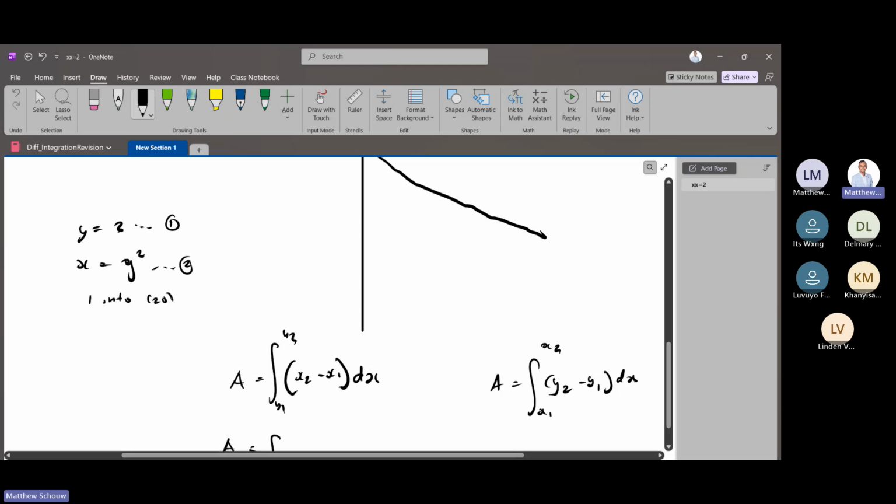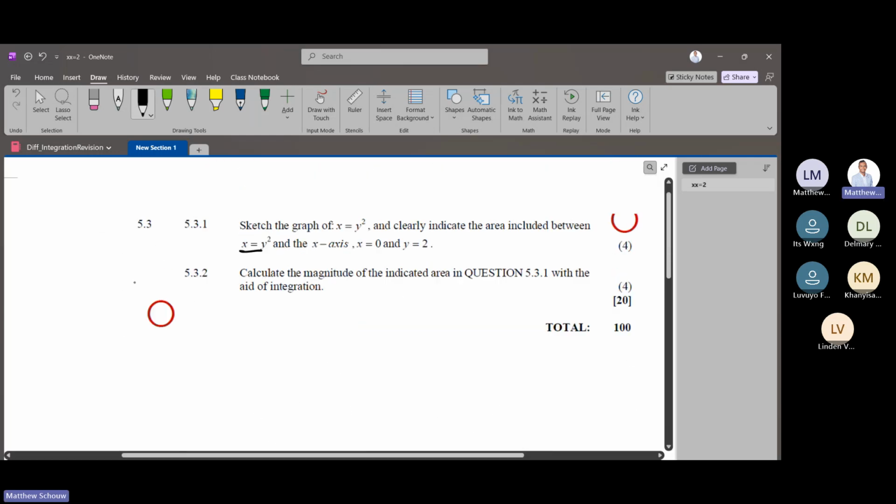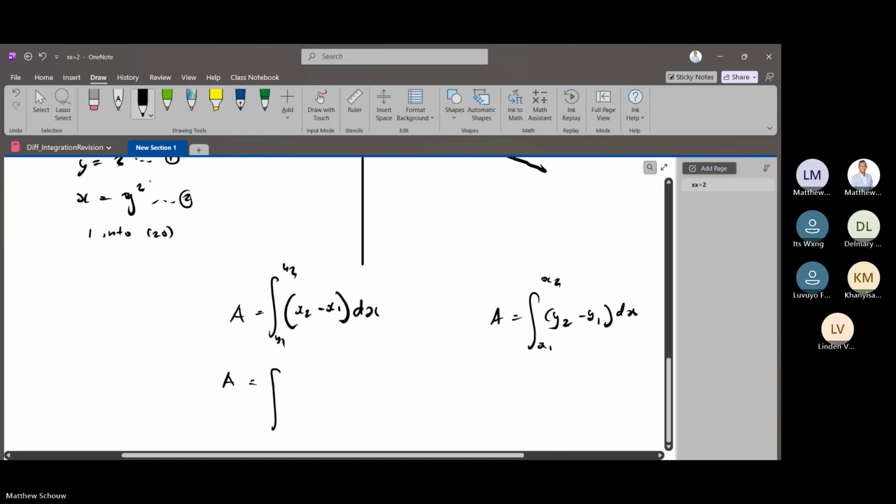I'm sure you guys know this, to make f of x equal to g of x, whatever you want to call it, the one function equal to the other one. And then this will be x equals, putting that in, 2. And we know x will be equal to 4, right? So you know your first point is going to be, yeah, so that's fine.